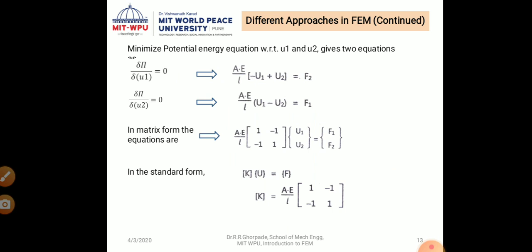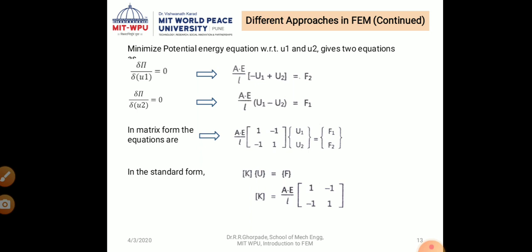Now you need this total potential to be minimized. Minimization of this potential means small change in potential energy with respect to that nodal unknown, you have to equate it to 0. So differentiating this potential energy with respect to u1 first of all and equating it to 0, you will get one equation as AE by L (u1 minus u2) equals to F1, and again the second differential with respect to u2 yields the second equation as AE by L (u2 minus u1) equals to F2.